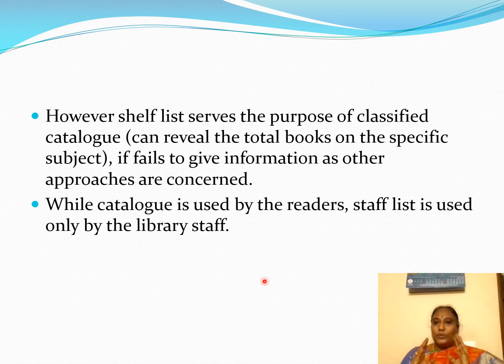Shelf list and accession registers are used only by the library staff, whereas the catalog is used by the readers.